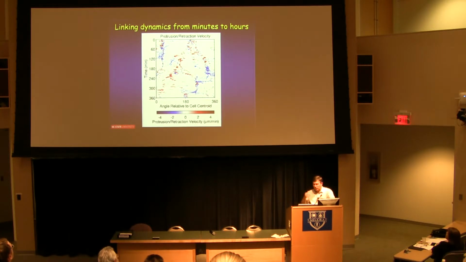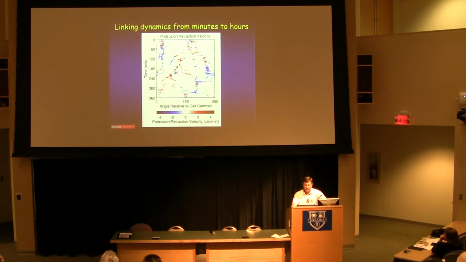And this is just showing you the protrusion and retraction map. So now we're plotting as a function of position, and then time going from the top to the bottom, sort of in kind of like a kymograph style. And you can pick out things almost immediately. The red blotches here are the protrusion, blue is retraction.